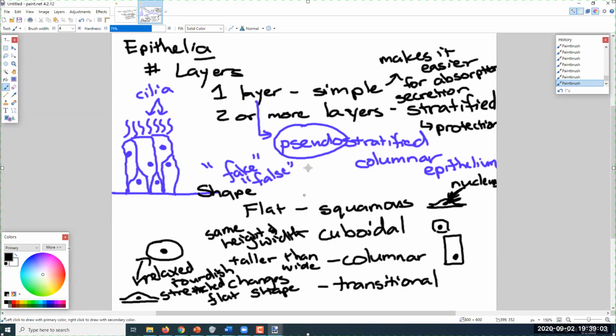If it's stretched out, it's going to be flat like this. However, if we just urinated, and there's no more urine in the urinary bladder, then it'll be relaxed. If it's relaxed, it'll be rounder in shape. I'm talking about the cells that are towards the top part of the tissue.